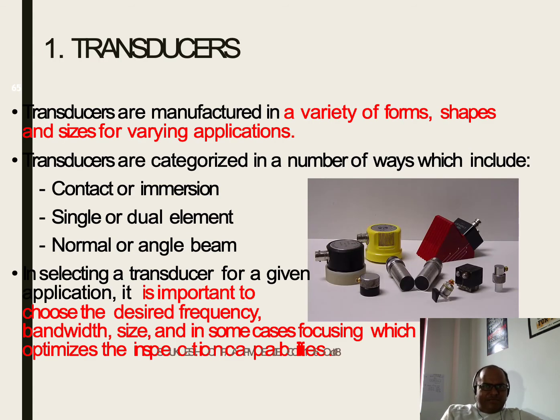Transducers are manufactured in a variety of forms, shapes, and sizes for a variety of applications. Transducers are categorized in a number of ways, which include contact or immersion, single or dual elements, and normal or angle beams. When selecting a transducer for a given application, it is important to choose the desired frequency, bandwidth, size, and in some cases focusing, to optimize the inspection probabilities.